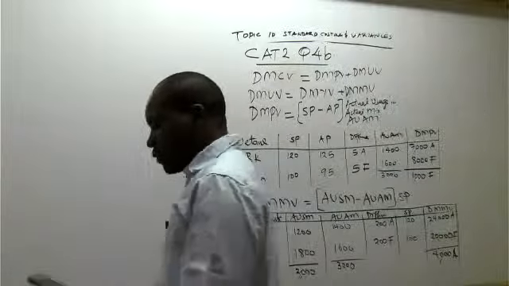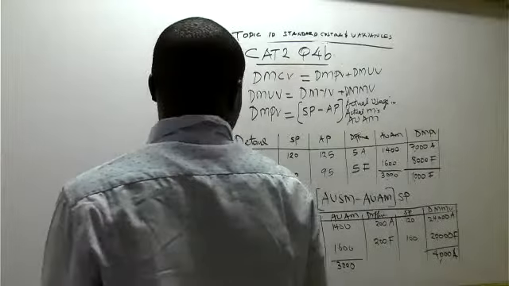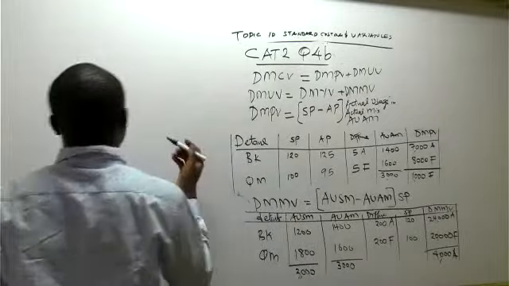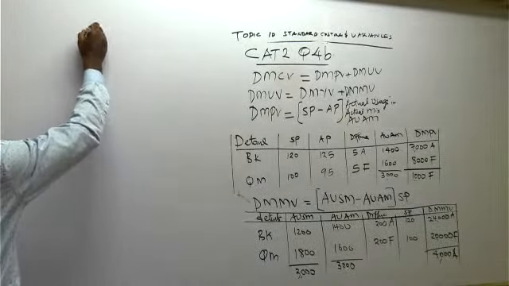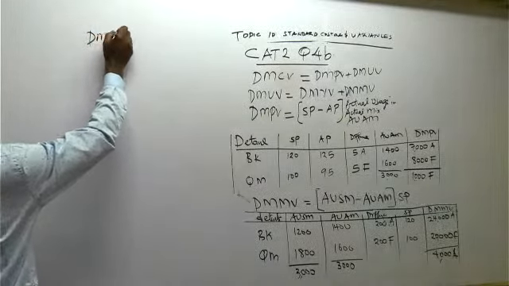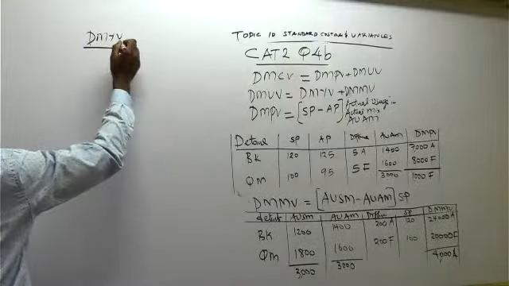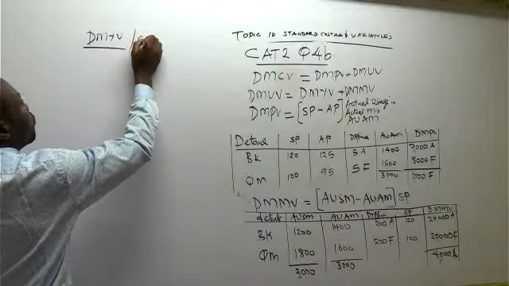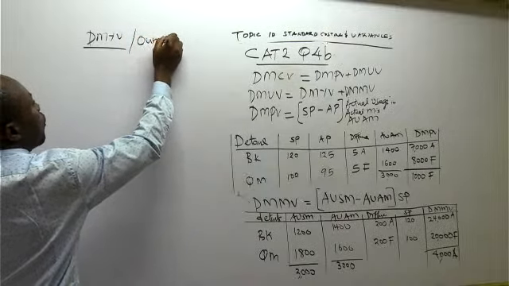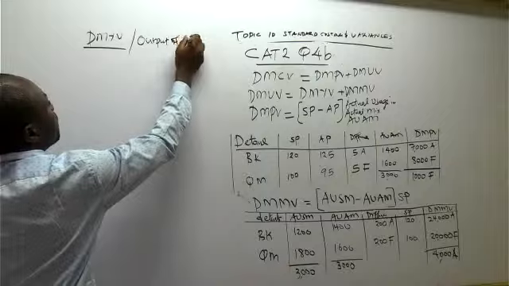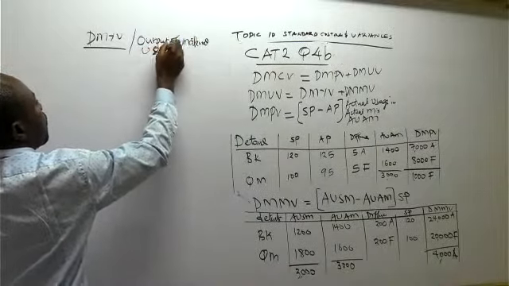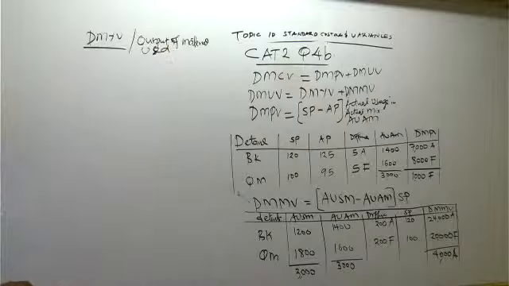Okay. The next question there, we are told to get the material yield variance, the direct material yield variance. Here, you are basically dealing with the output of material used, the material that was used to do the production. Was it really maximized?